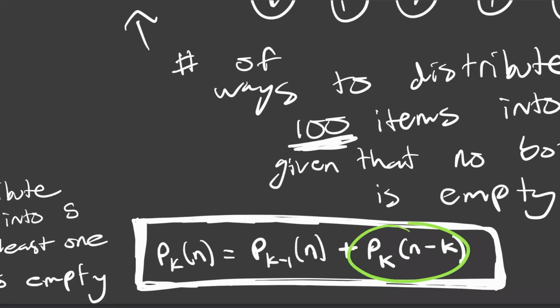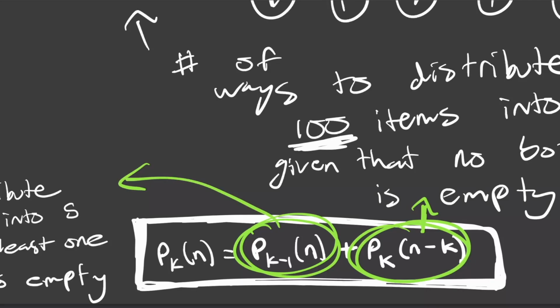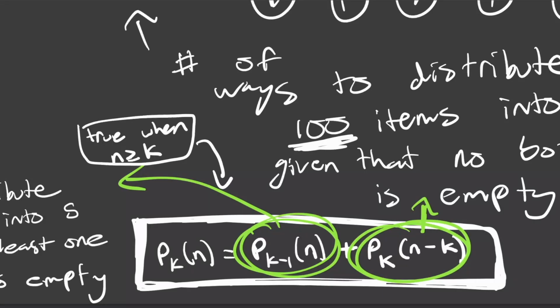This term right here is going to be the number of ways to distribute the items, given that no box can be empty. And this term here was going to be the number of ways to distribute the items such that a box must be empty. One more thing, this is only going to be true when n is greater than or equal to k, and that's pretty clear because when we do n minus k in here, if n is less than k, well then we're going to get a negative number, and that doesn't even make any sense, right?